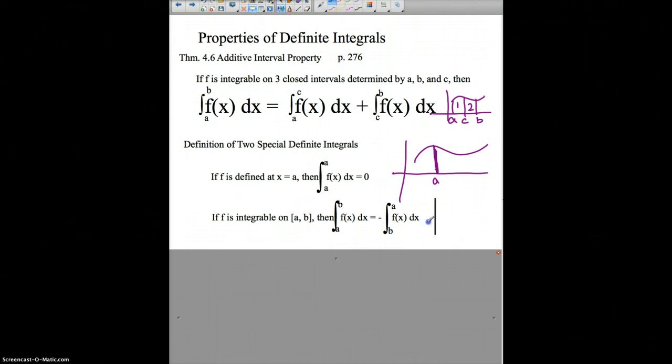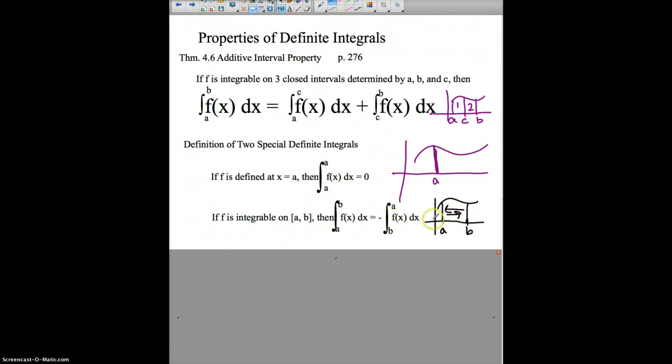So besides area above the x-axis being positive and area below the x-axis being negative, area goes in the direction left to right also. So if you want to find the area of this curve from A to B in this direction, that would be a positive number. But if you're finding the integral from B to A, going backwards, that would be the opposite of whatever that other area was.